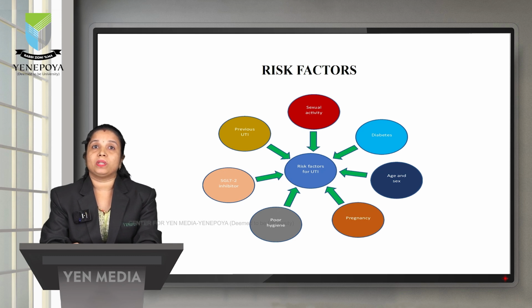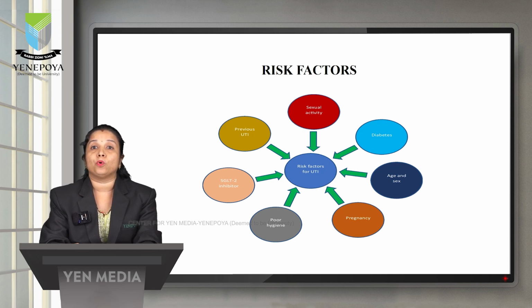Next we will see about the risk factors for urinary tract infection. There are different risk factors which predispose to urinary tract infection. The first one is age and sex. Usually women are more prone to get a urinary tract infection compared to males, because of the shorter urethra.